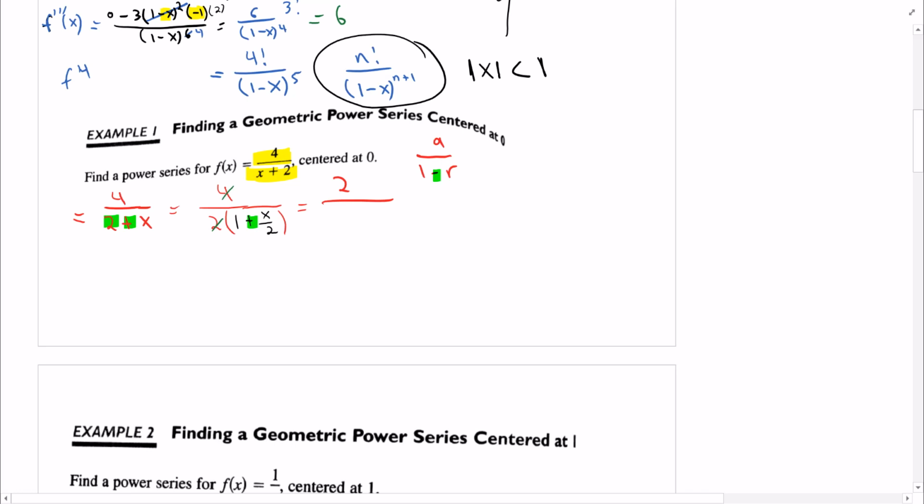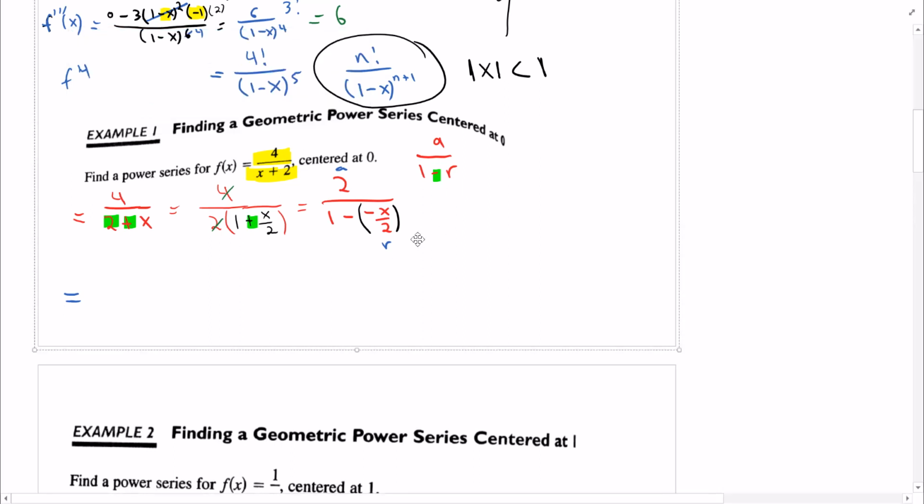So we can just write a double negative: 1 minus negative x over 2. And what this allows us to do is see that this is that r value, and this is that a value. So it took some manipulation to get it into this form, but now we can see our a and our r.